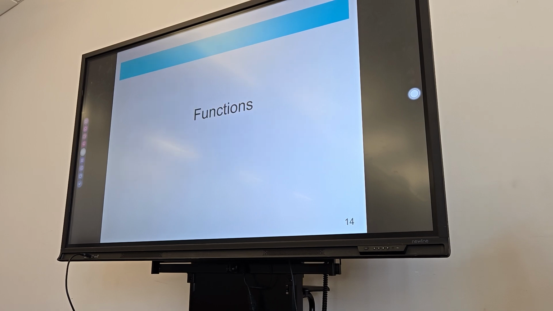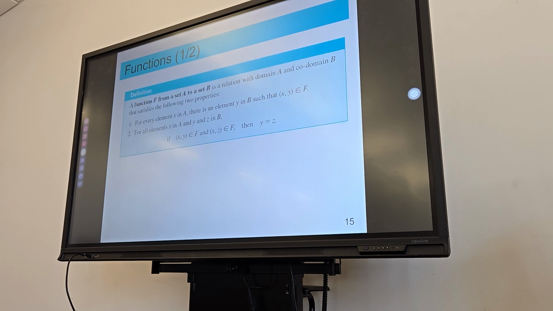Now, functions are a special type of relation. A function f from set A to B is a relation with a domain A and codomain B that satisfies the following two properties.